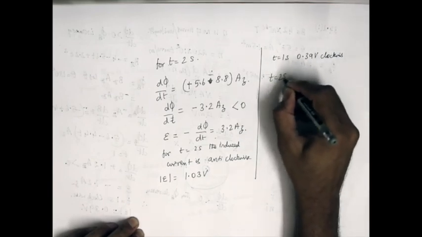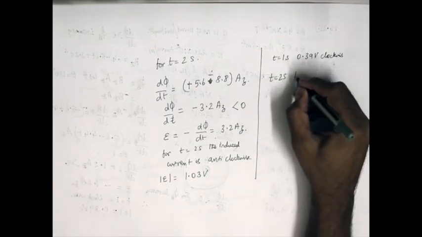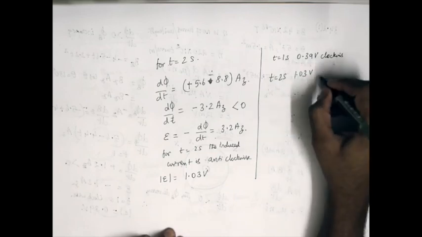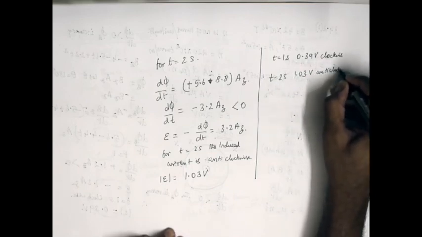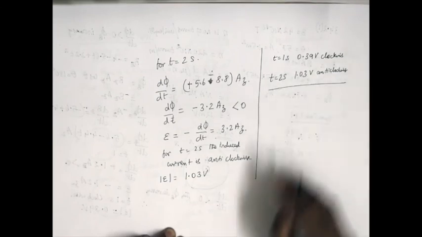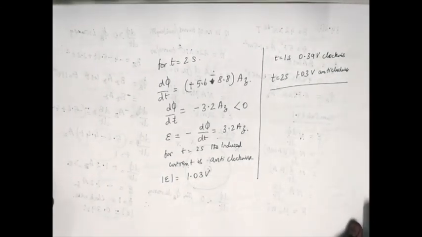For t equal to 2 seconds, the induced EMF is 1.03 volts and it is anti-clockwise. I sincerely urge you to look at some other examples and try to understand the algorithm that has gone into solving this particular problem.